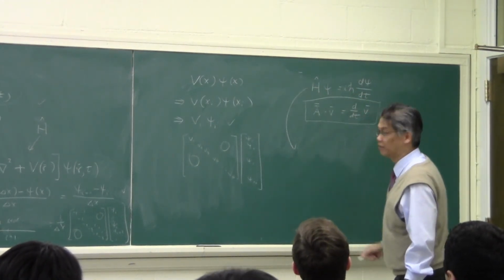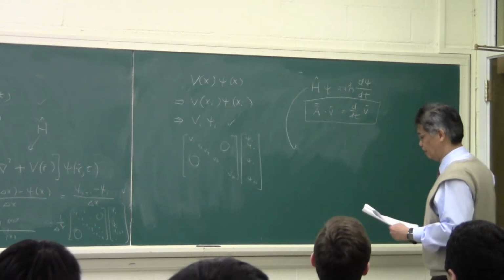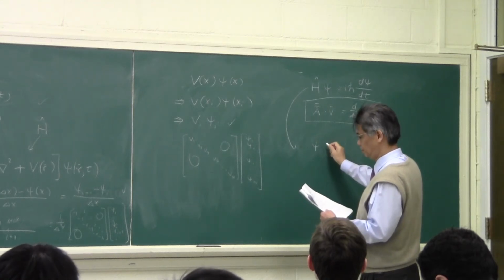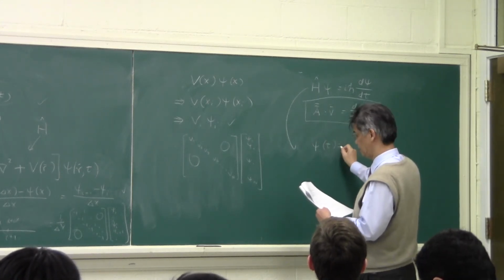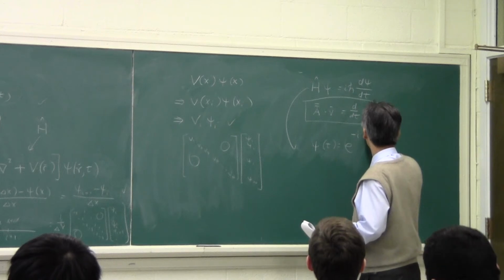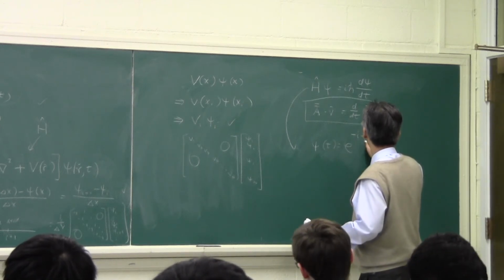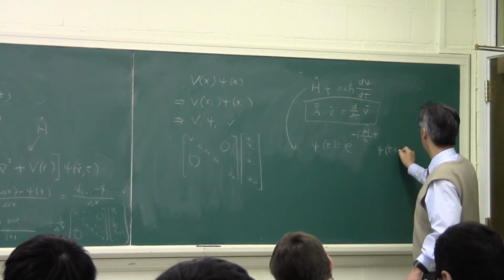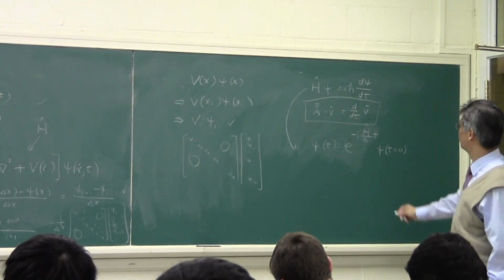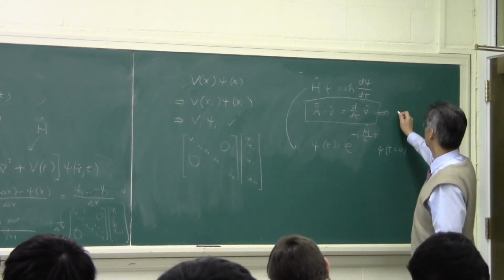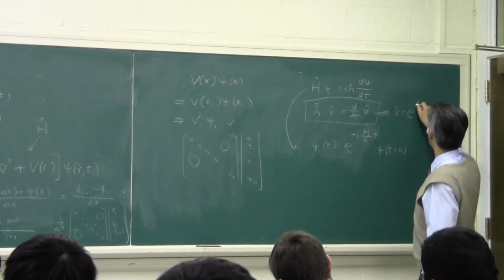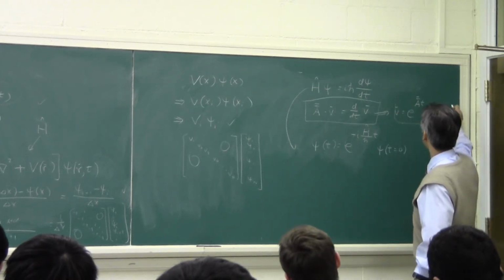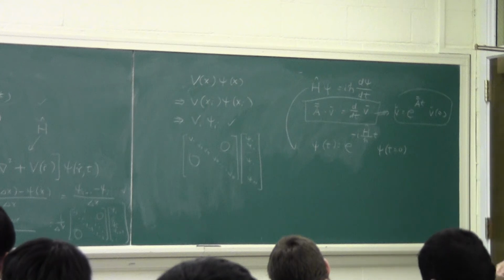And we can formally integrate this equation as psi as a function of time is equal to e to the minus i H hat over h bar t times psi of t equal to 0. Just like we can formally integrate this to b is equal to e to the At times b of 0. Okay, you can prove this by eigenvector expansion.